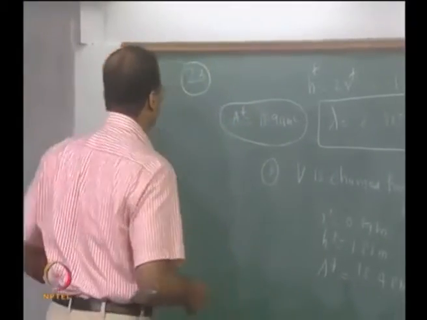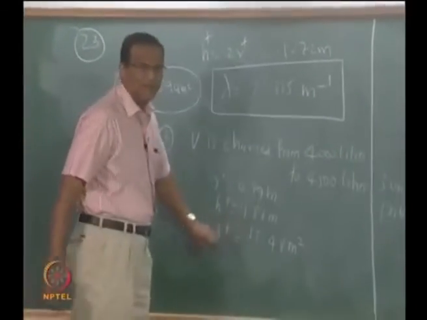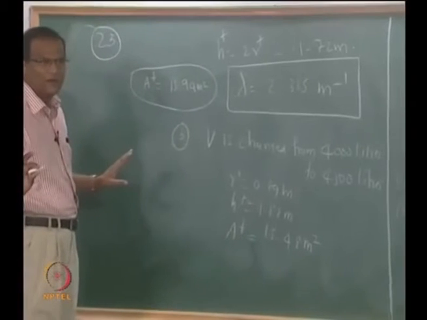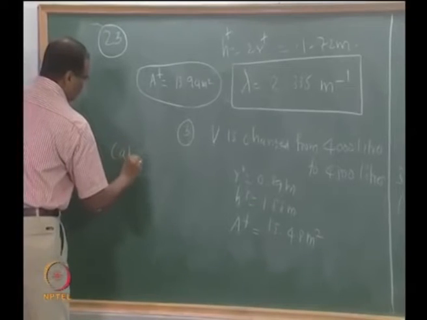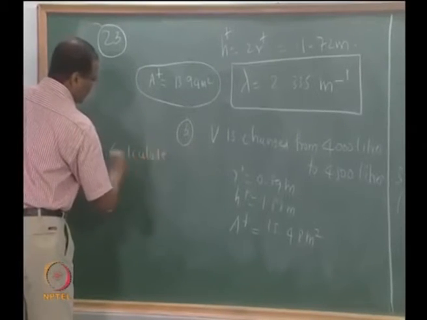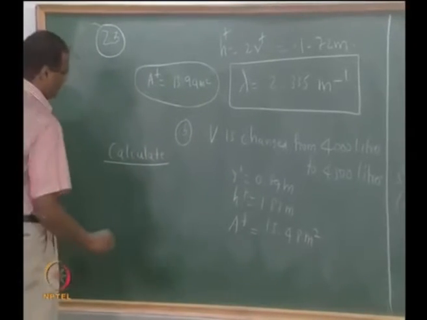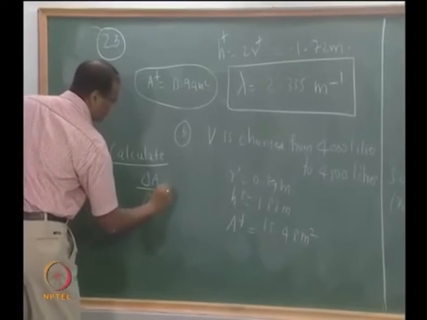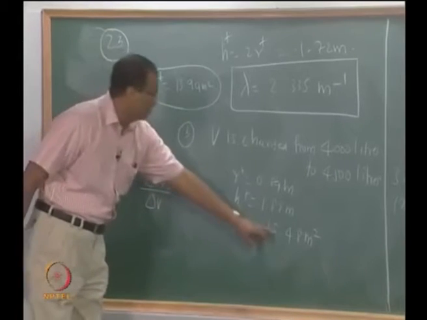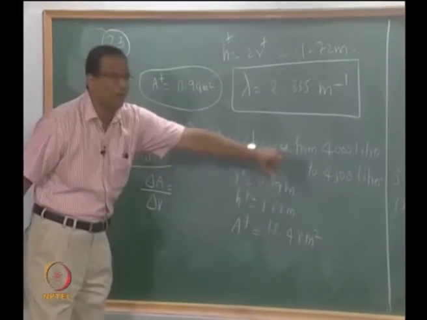So, we got the new values of A plus, okay. Is that fine? Now, please calculate the change in area divided by the change in volume: 15.48 minus 13.94 divided by 0.5 meter cube.